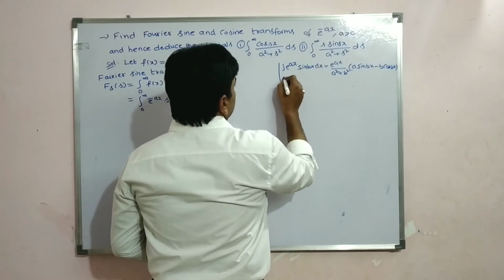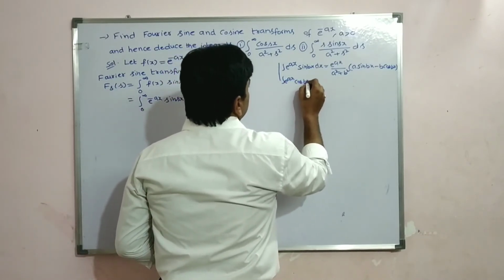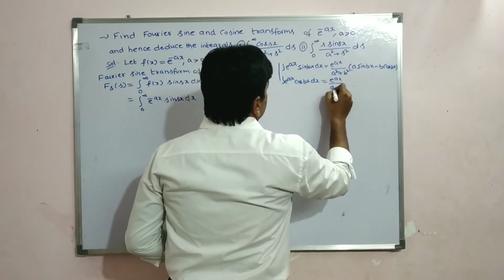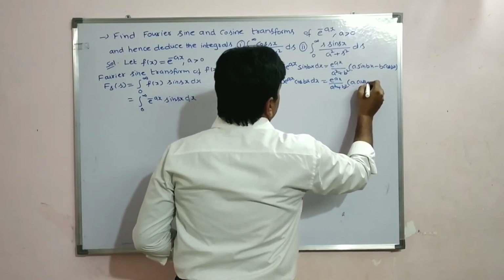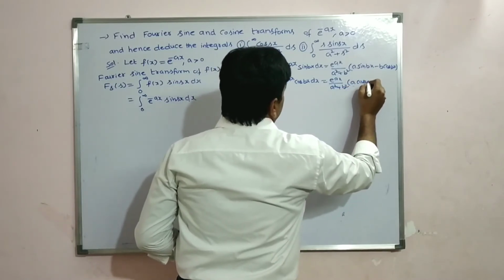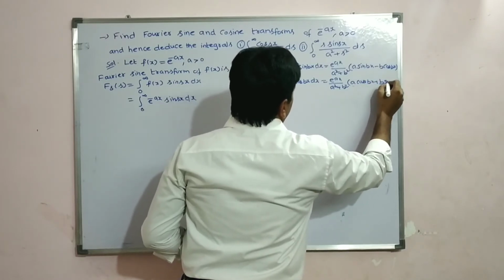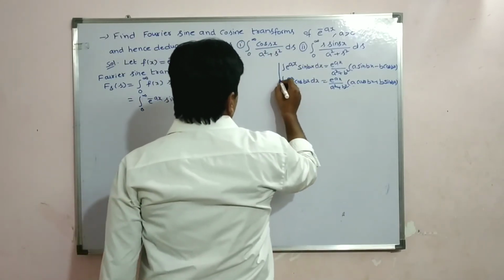Similarly, integral of e power ax cos bx dx is e power ax by a square plus b square into a cos bx plus b sin bx. These two are formulas, students.